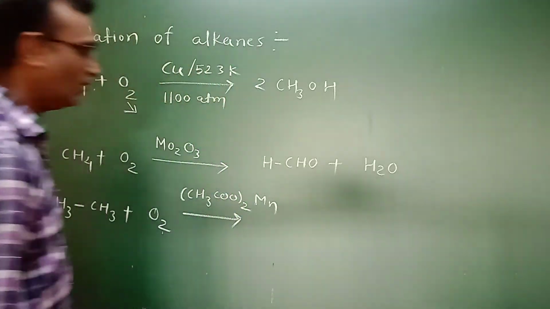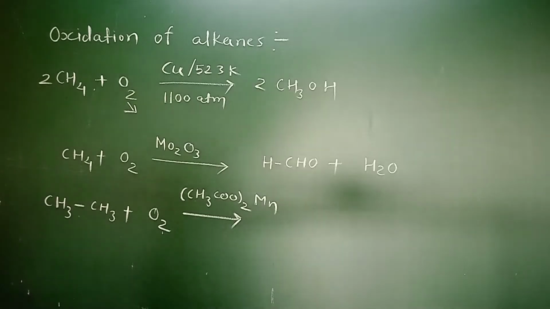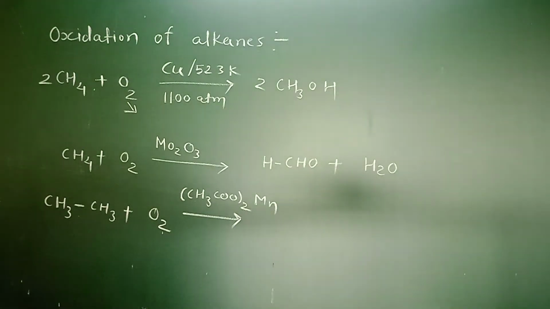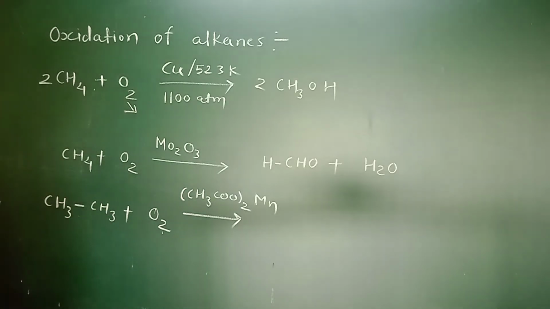Now what will be the product? What is the possibility to get the product? Here 2 methyl groups are present. You can use excess ethane here. For that we need 2 molecules.